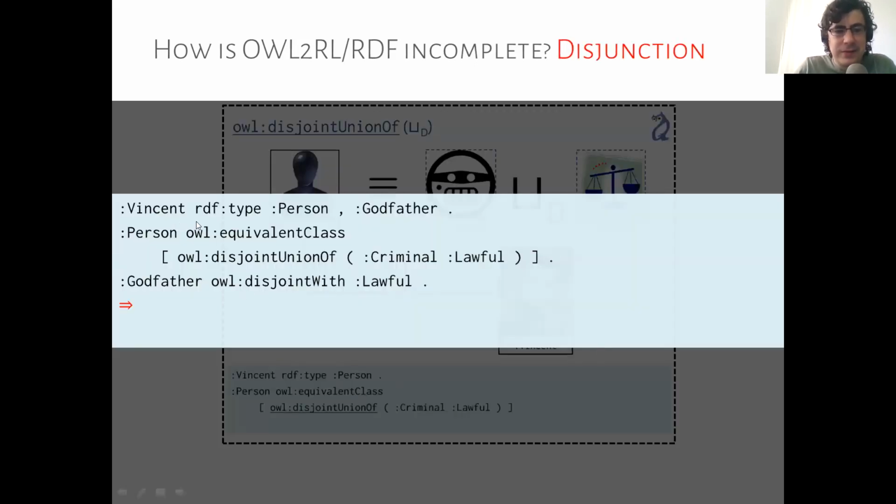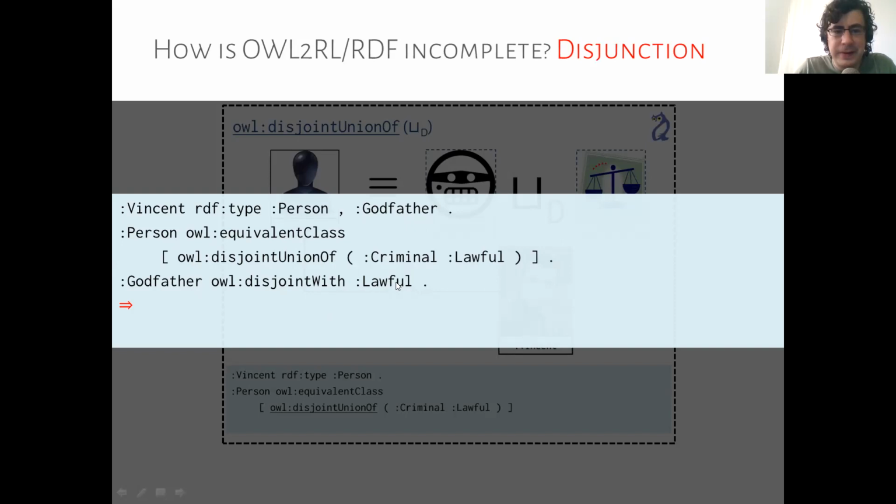So if we had this sort of ontology or definitions here, Vincent is a person. Vincent is a godfather. Person is equivalent to the disjoint union of criminal or lawful. Every person is either criminal or lawful, and godfather is disjoint with lawful. Nobody can be a godfather and lawful at the same time.